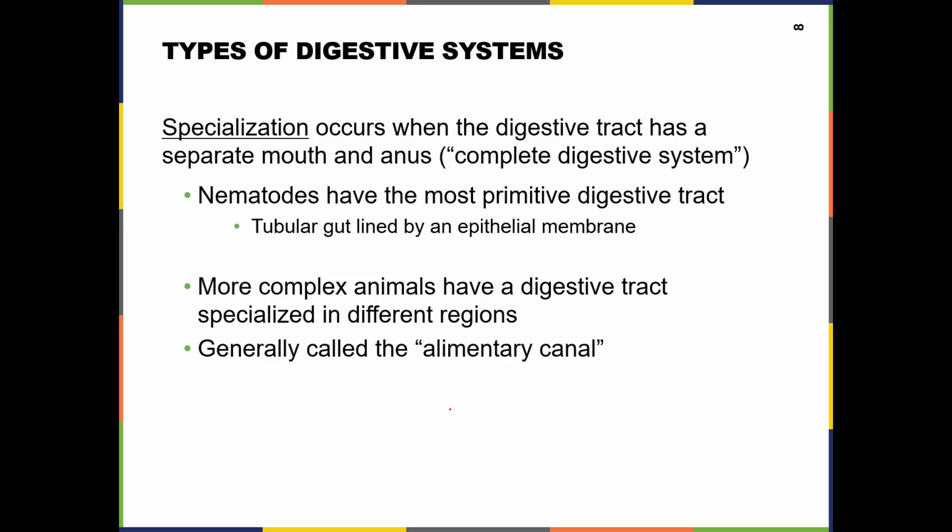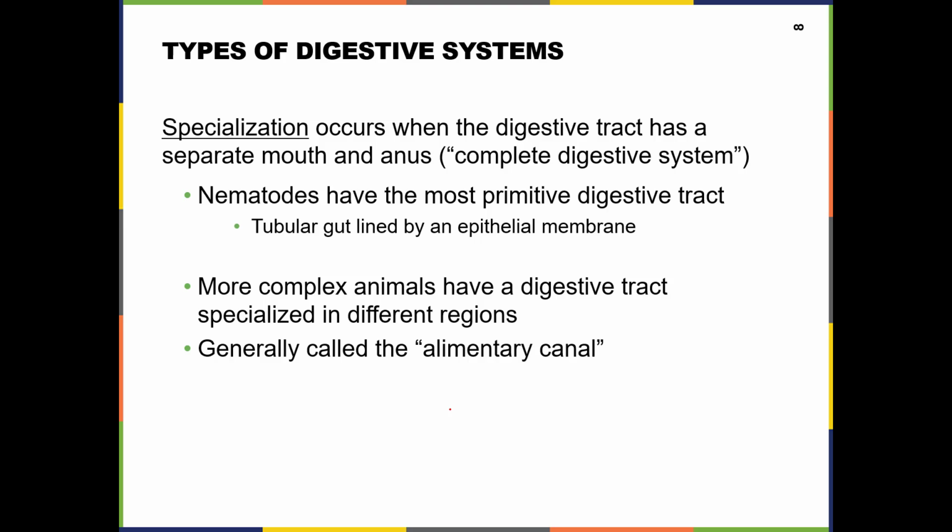So with certain animals, you start to see in evolution what we call a specialization of the digestive system. And one of the simplest ones is in the nematode worm. The nematode has a mouth, no jaw, and basically one long intestine that has an epithelial membrane, the simple epithelium, and at the other end an anus.